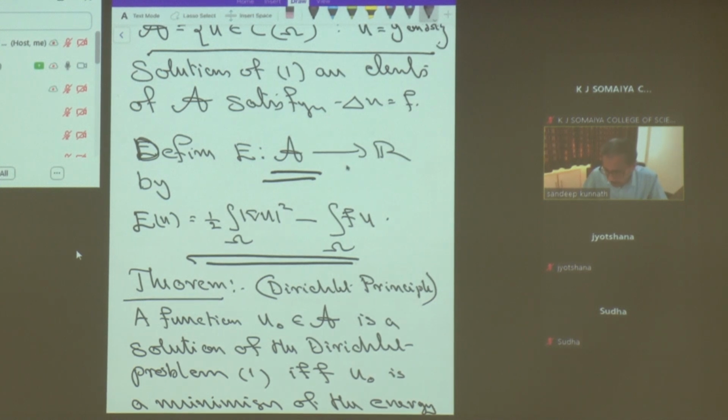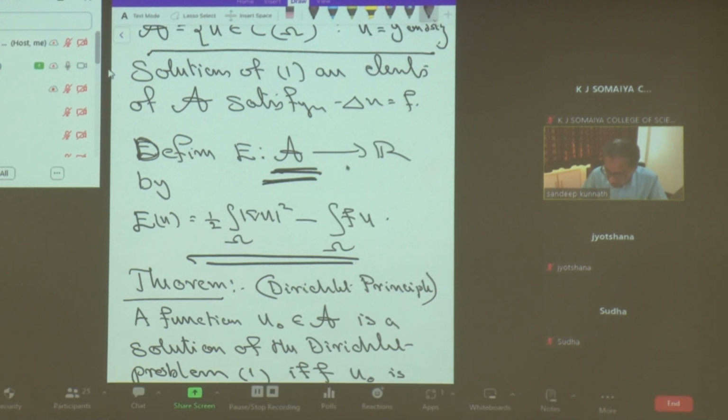So this is a function space, and you are taking a real valued function. So what is the derivative of such a function? You can define the notion of derivative of such a function and then connect it with the notion of solutions. Now these are all infinite dimensional spaces.